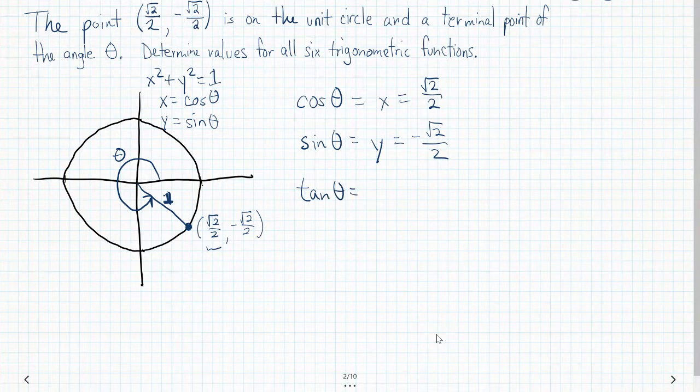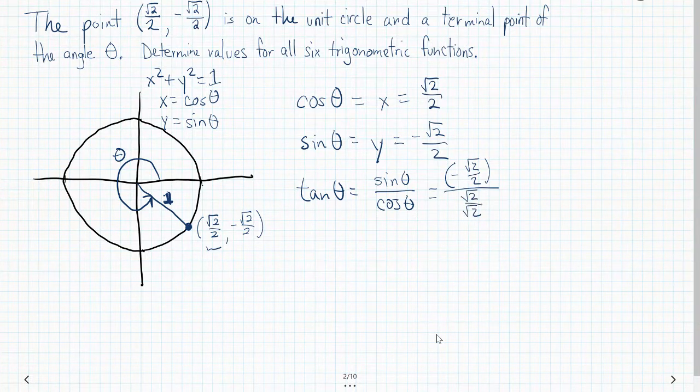So tangent theta equals sine of theta over cosine theta. Now granted, you could write that as y over x, as it works just as well, but at the end of the day, what happens? Well, we have this as negative square root of 2 over 2 divided by square root of 2 over 2.